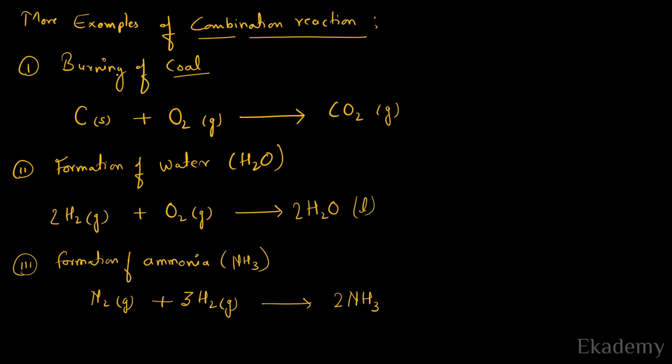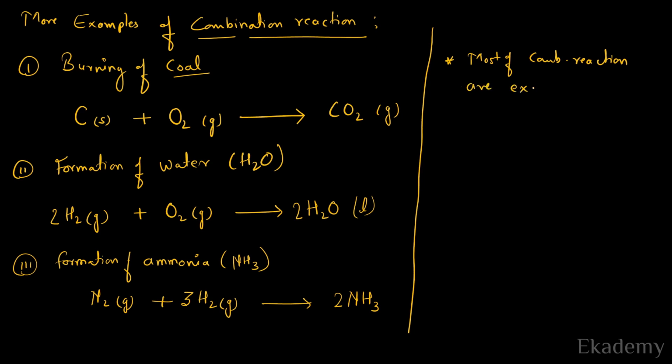Now most of the combination reactions, let me write it here itself. This is very important. Most of these combination reactions are exothermic in nature. Now, what is an exothermic reaction exactly? That means in most of these reactions, heat is evolved, right?